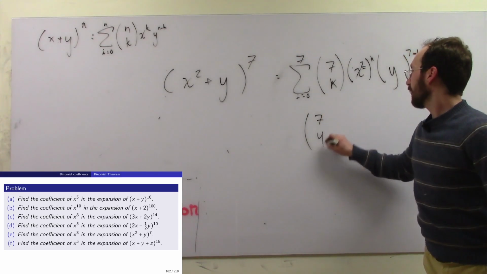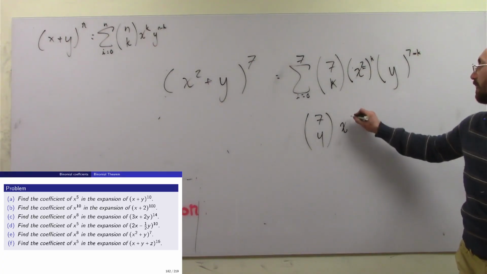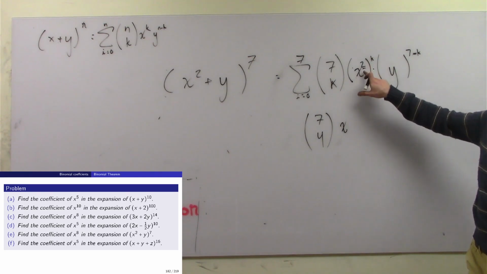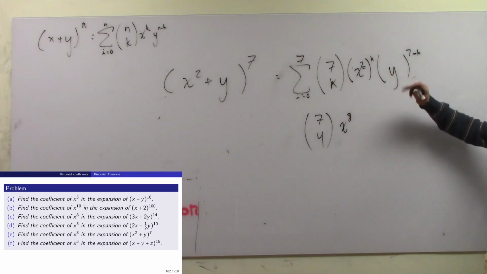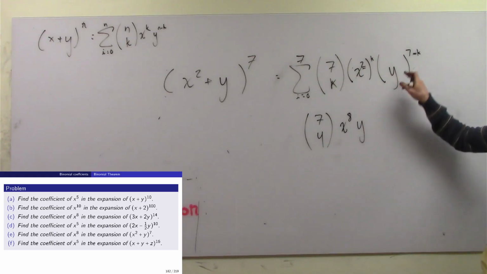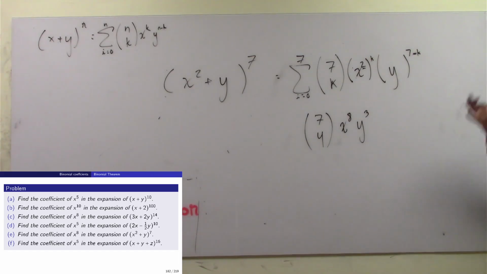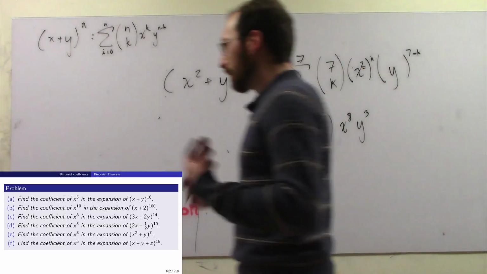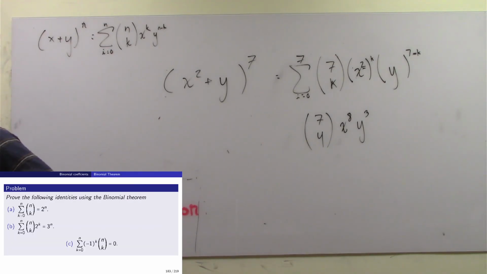So the coefficient, we get 7 choose 4, x squared to the 4th will get us x to the 8, and then y is raised to the 3rd power. Perfect. Nice.